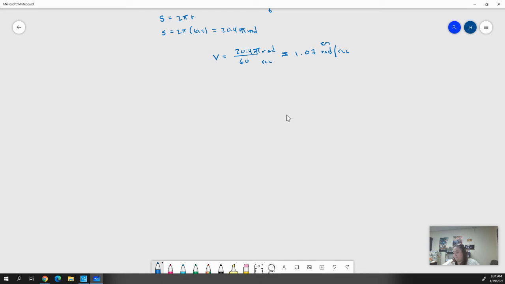What if I am dealing with angular and linear speeds? We learned how to do linear speeds, but we haven't done angular speeds yet, right? So in this case, for example, let's change the color.